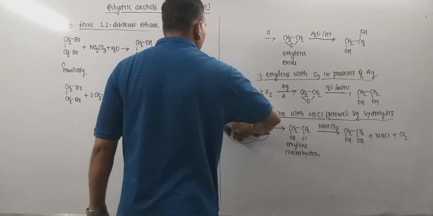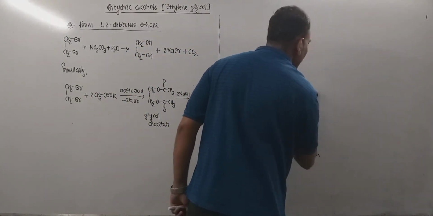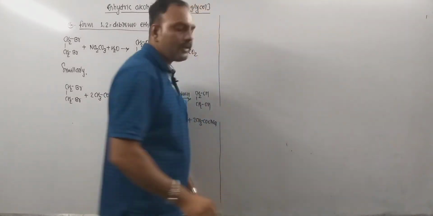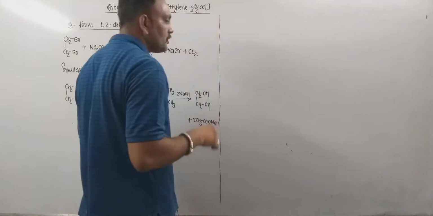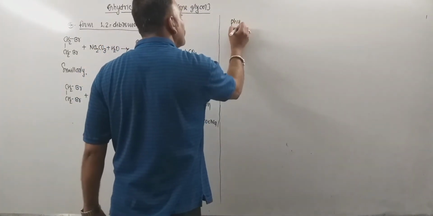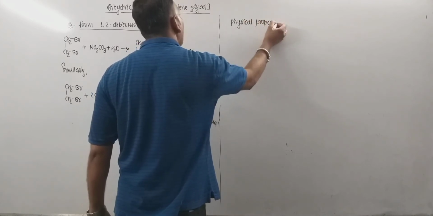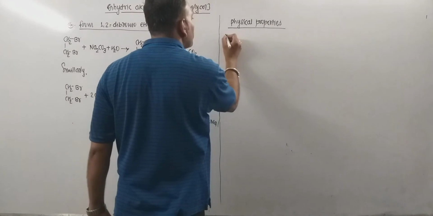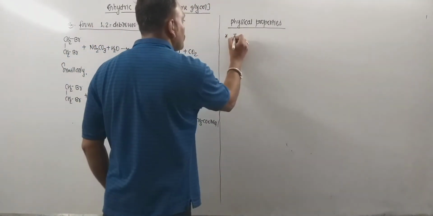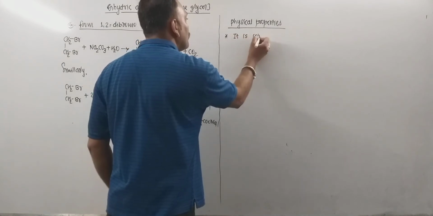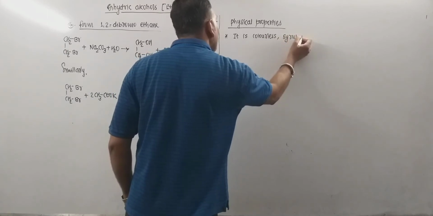Now we shall discuss the physical properties of ethylene glycol. Remember, ethylene glycol is an important ingredient and which is popularly used as a solvent. So let's discuss some of the physical properties of it. So very first thing to be noted is ethylene glycol is colorless, syrupy liquid.